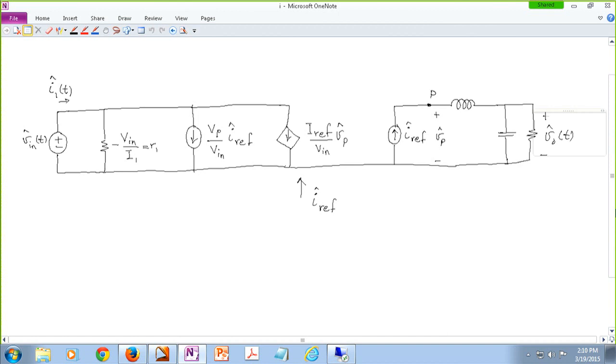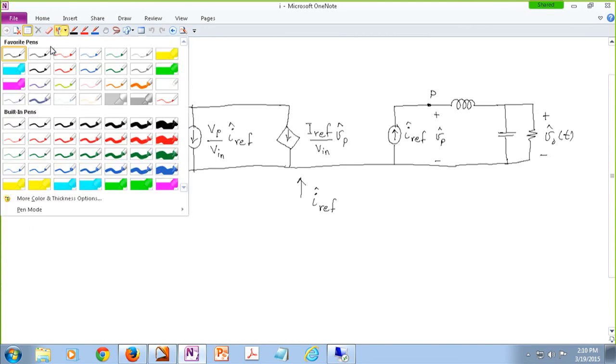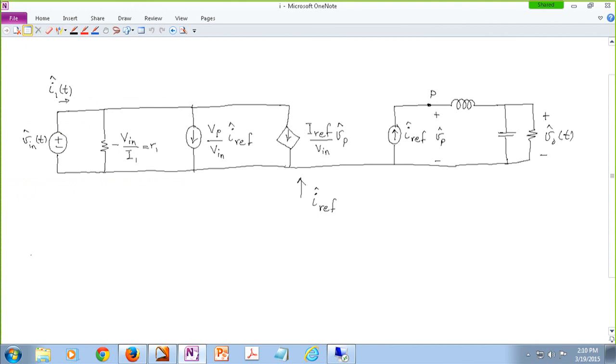For instance, I labeled R1 to be negative Vn over I1. Now, as it turns out, maybe I can do it this way.